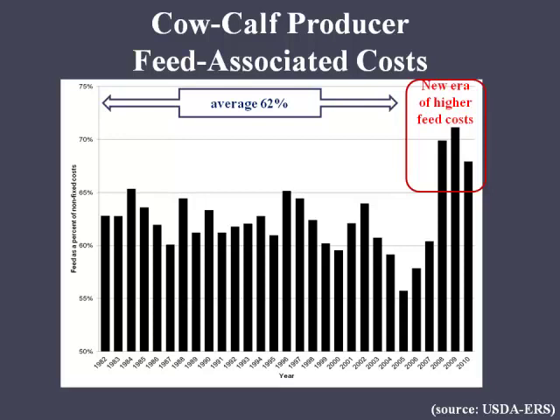So this figure then shows cow-calf producer feed associated costs and feed as a percent of fixed costs. And you can see over the years between 82 and 2006, the average is about 62%. And in the last few years, this much higher level, up closer to 70%.